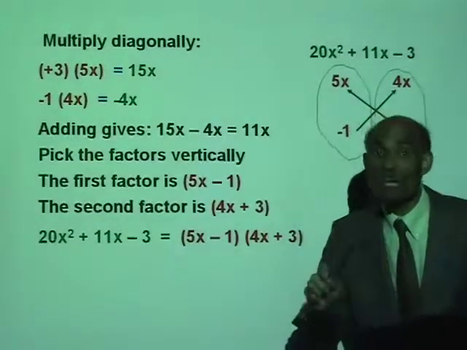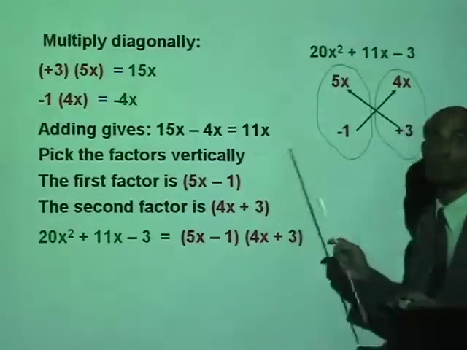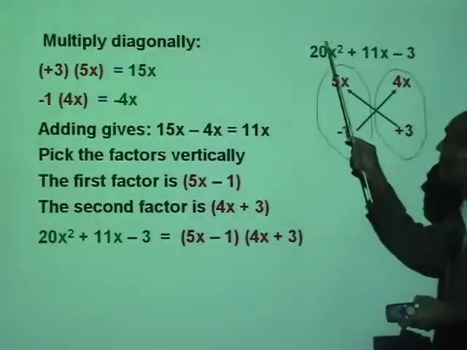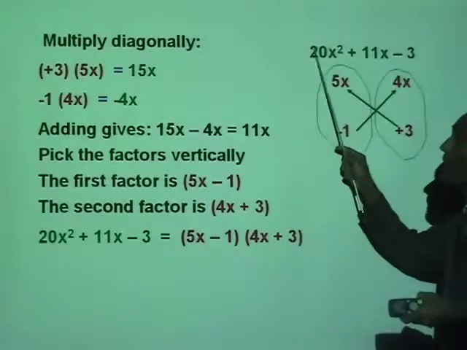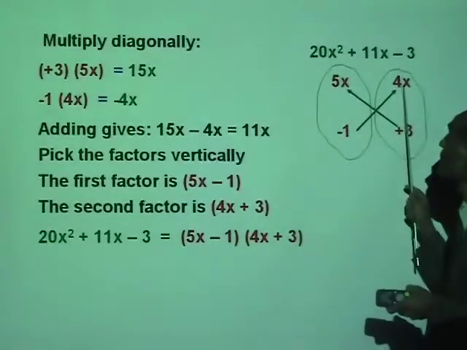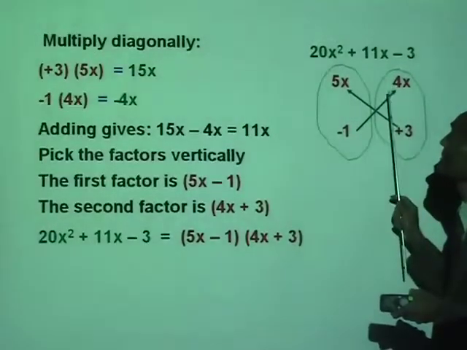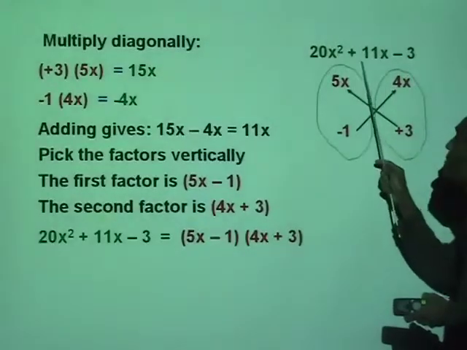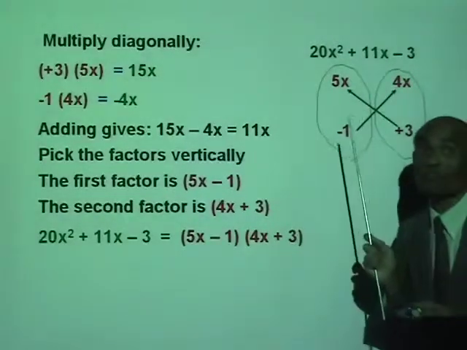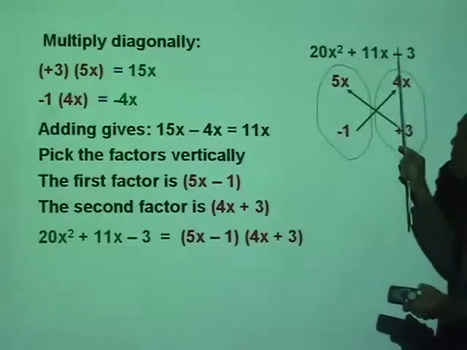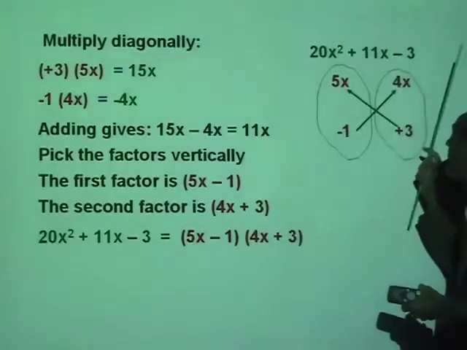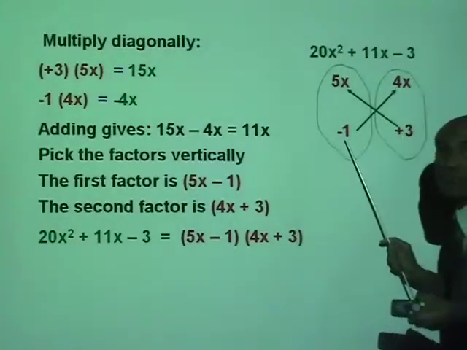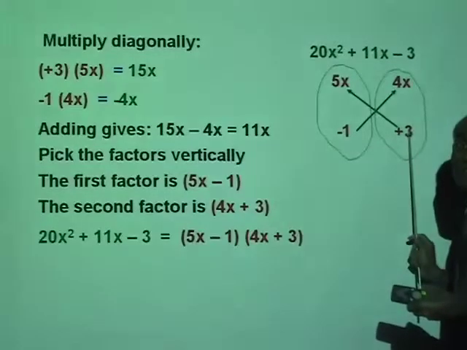Now I hope you understand the way I argue it out. I factor the 20x squared as 5x times 4x. Then keeping the middle term in my mind, positive 11x, I factored that negative 3 as negative 1 times positive 3.